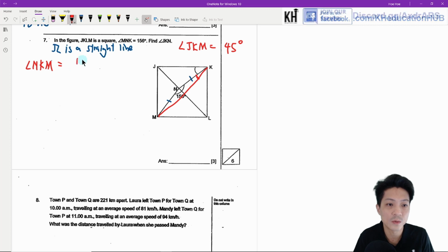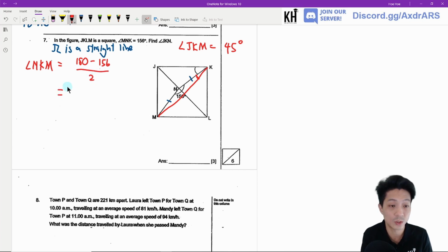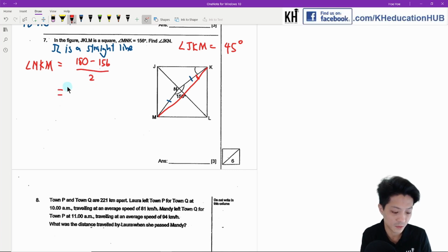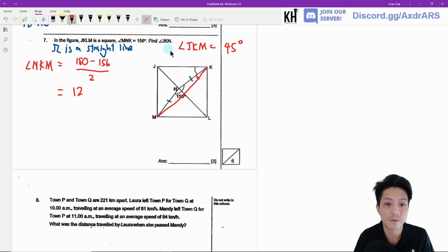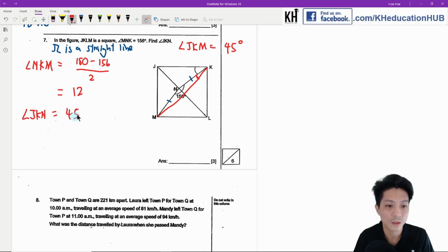NKM is equal to 180 minus 156 and then divided by 2, which will give me 12. In order to find JKN, I just need to use 45 minus 12, which is 33 degrees.